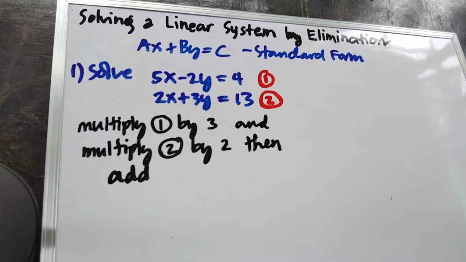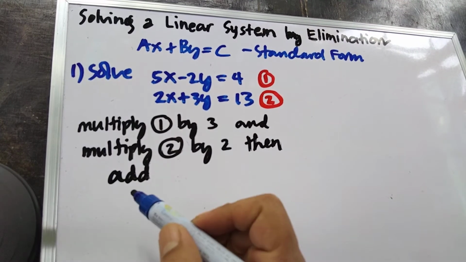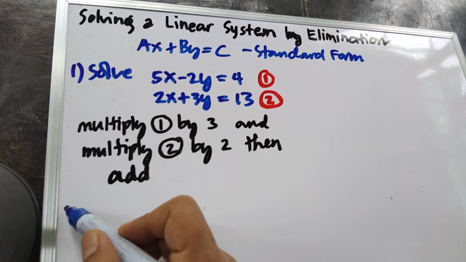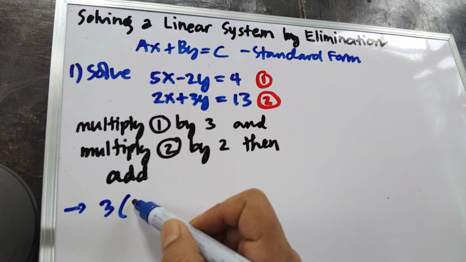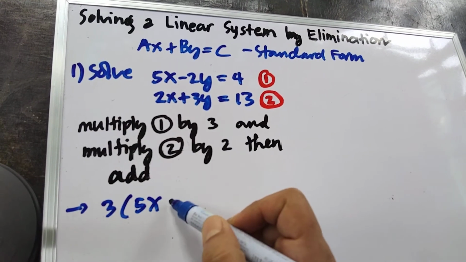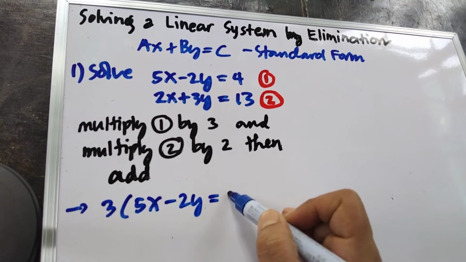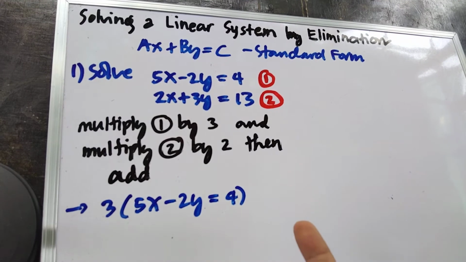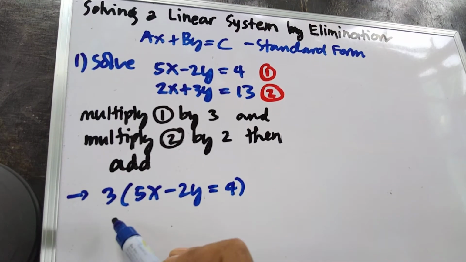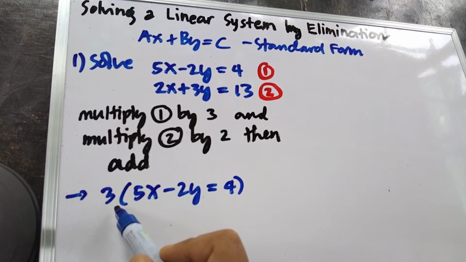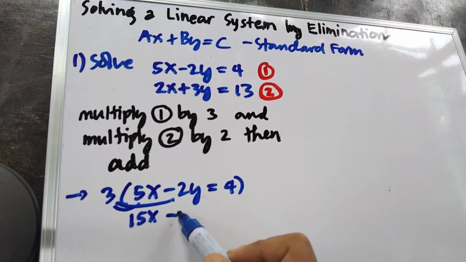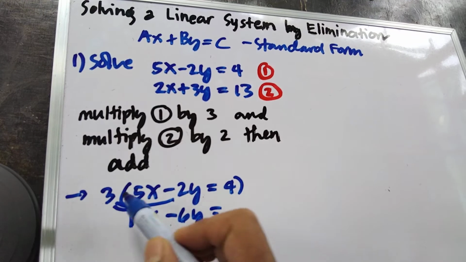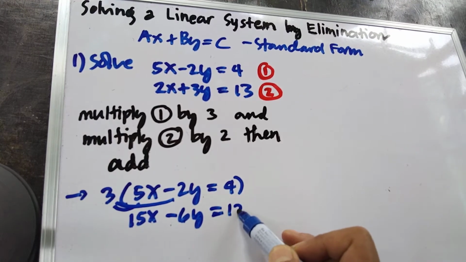So, what will happen? We will multiply the first equation by 3. You have 5x minus 2y is equal to 4, so we multiply both sides by 3. This becomes 3 times 5, 15x; 3 times negative 2, negative 6y; 3 times 4, you have 12.